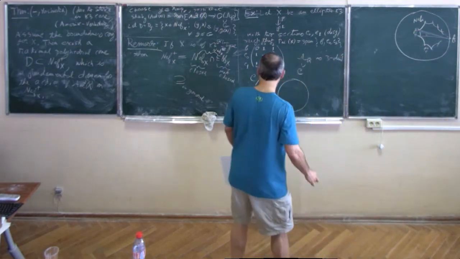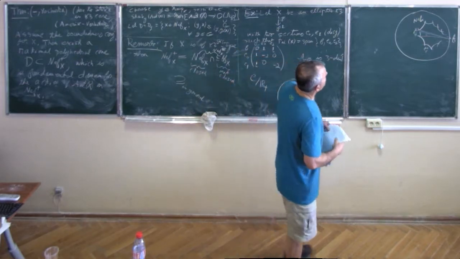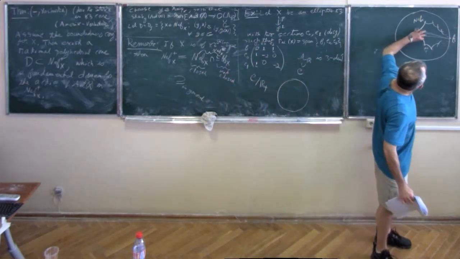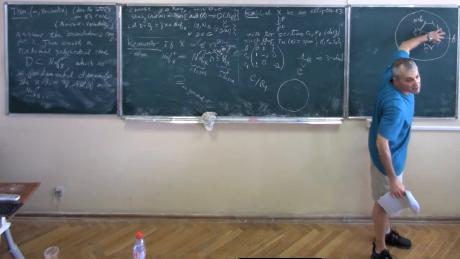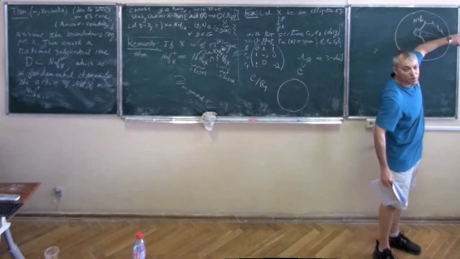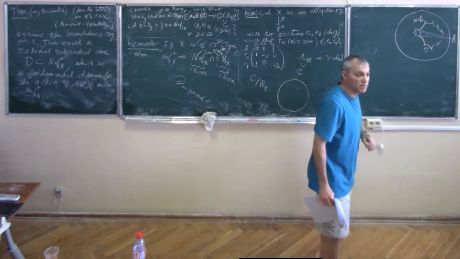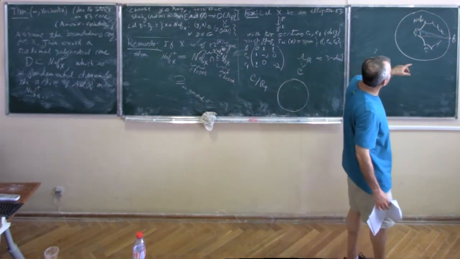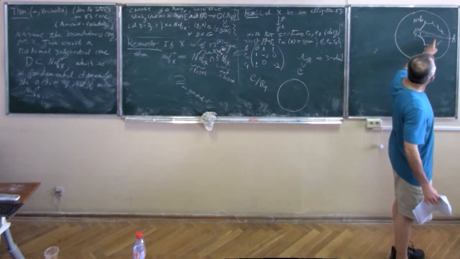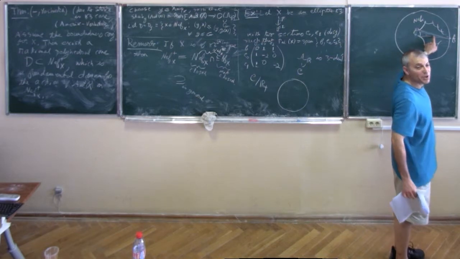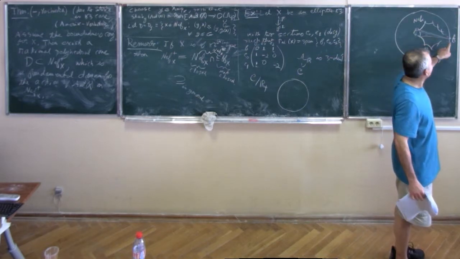This is a fundamental domain, and the translations move it, and it appears infinitely many times. It accumulates at the boundary, and this is a picture of what's going on. We needed to add F because we want the fundamental domain to be closed, and one vertex is on the boundary.